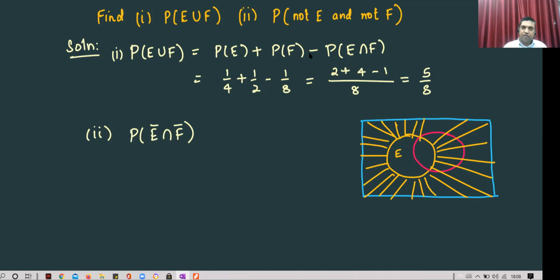And not F means other than F, this is F. So other than F, all this region.